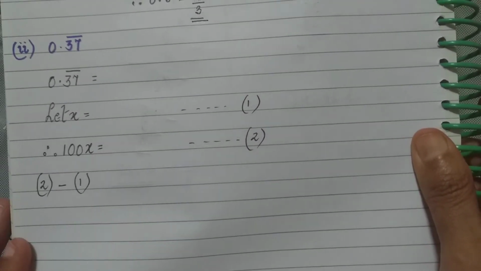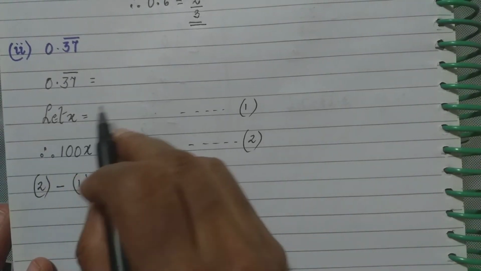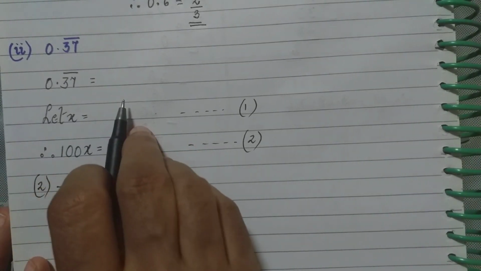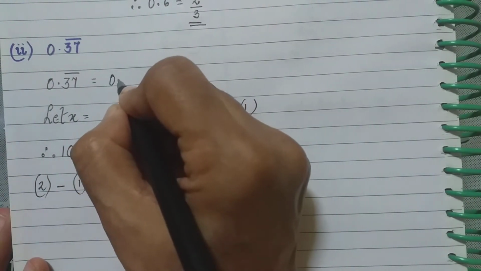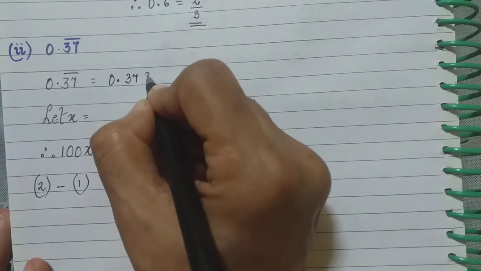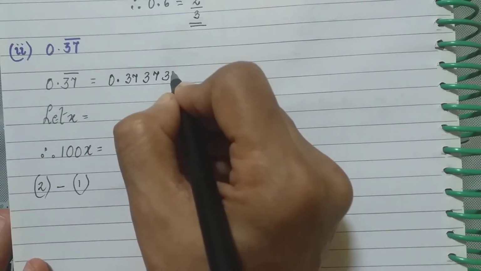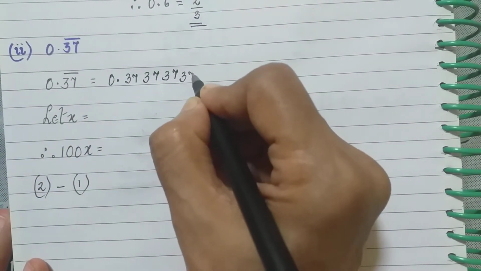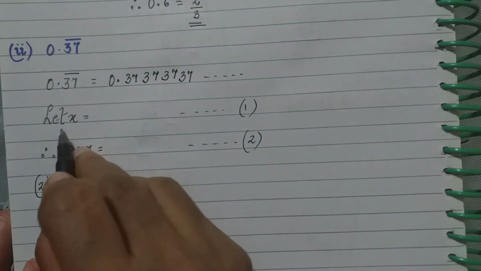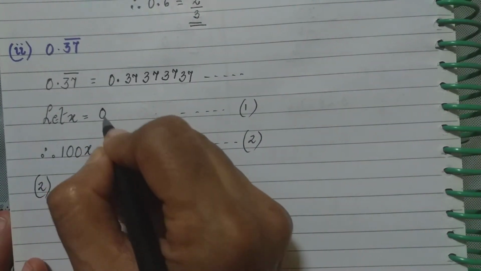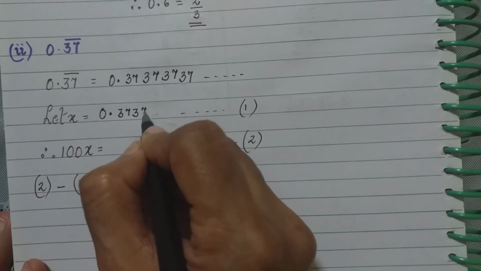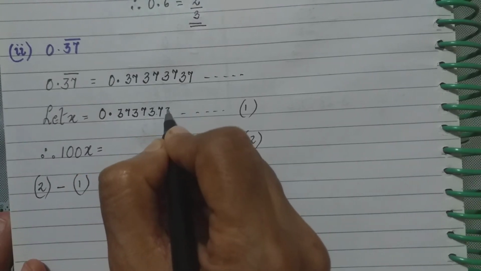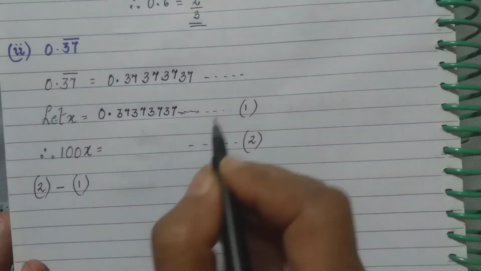We have 0.37 recurring. So 0.37 recurring, I can write it as 0.37373737 onwards. Now I take, let x is equal to 0.373737 onwards.